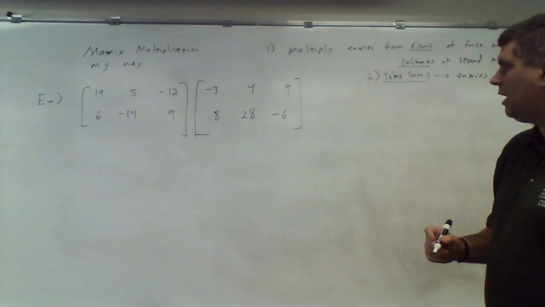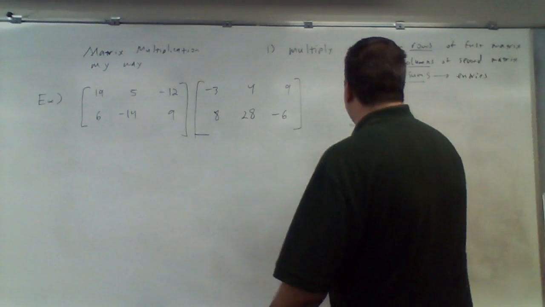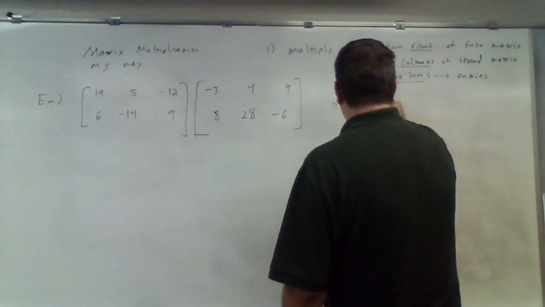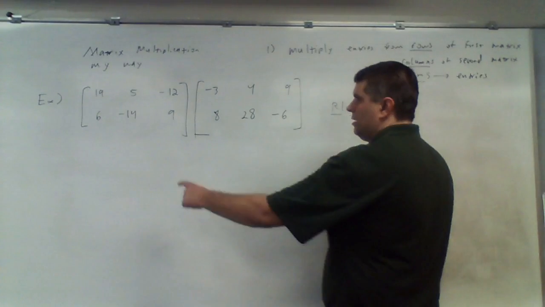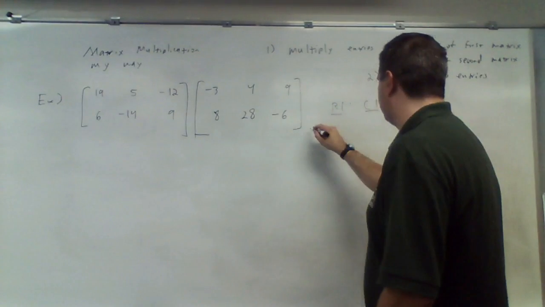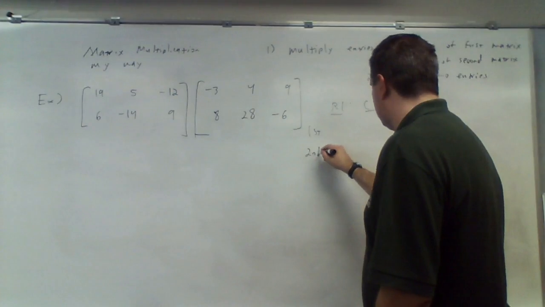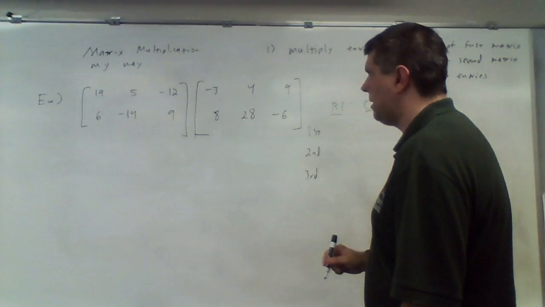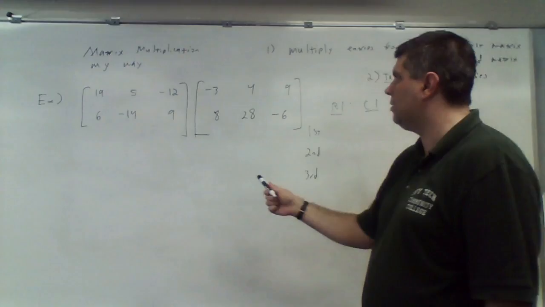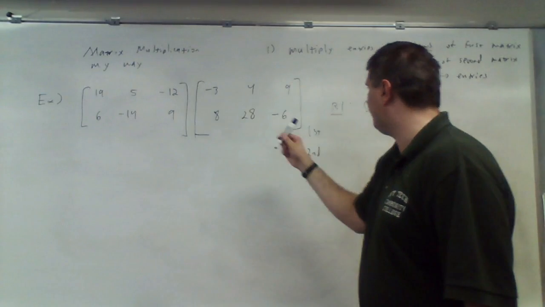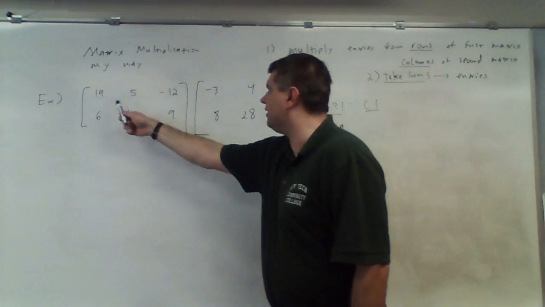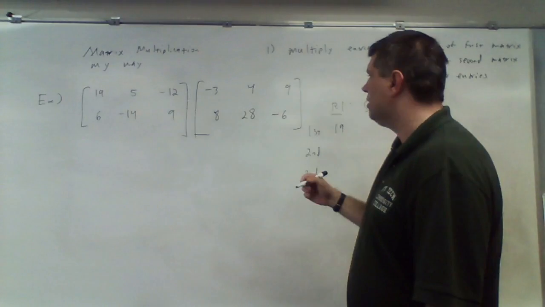All right, I'm going to talk about this matrix. Okay, so now we start with row 1 by column 1. First entry, second, third. Okay, so 19 by negative 3. So the 19, 5, and negative 12.